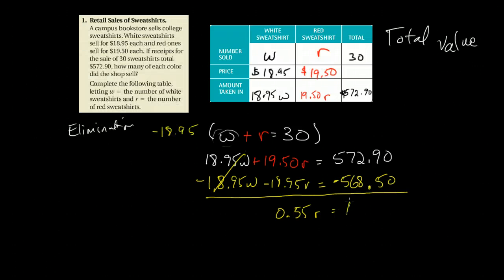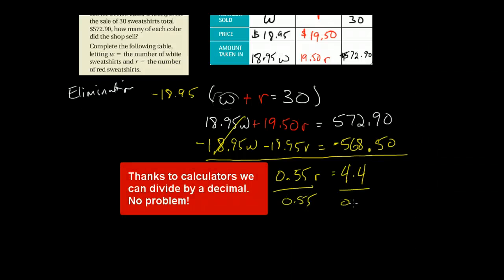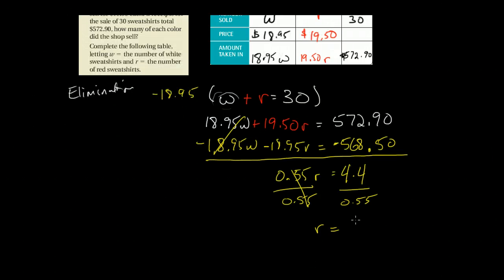That gives us 4.4. Now we can divide both sides by 0.55. We know that the number of red shirts sold were 4.4 divided by 0.55, 8. We sold 8 red shirts.